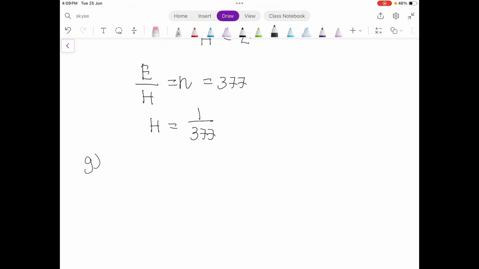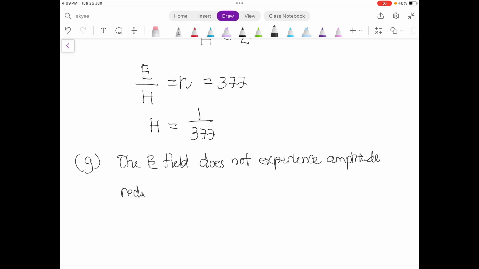So you can write down that the E field does not experience amplitude reduction. Why?